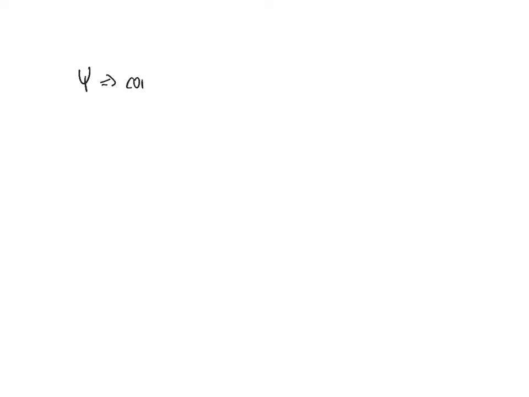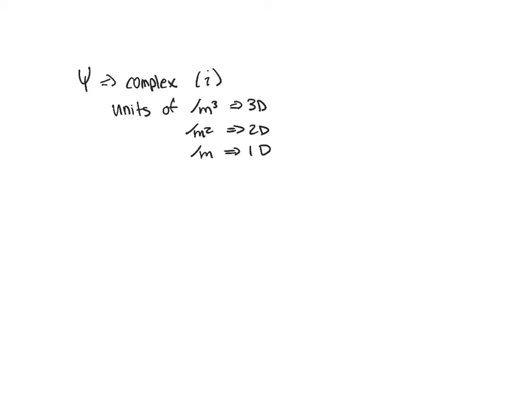In other words, they involve the imaginary number i. And also, they have units, typically, of per meter cubed for a three-dimensional wave function, per meter squared for a two-dimensional wave function, and per meter for a one-dimensional wave function.